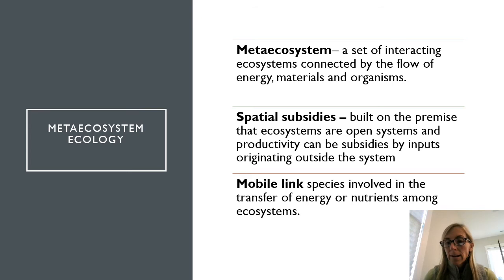The third concept the book talks about is the mobile link species, and these are species that are involved with the transfer of energy or nutrients among ecosystems. So we, for example, know that most aquatic systems rely on terrestrial subsidies for their productivity. Intuitively, because water flows downhill, terrestrial inputs tend to be greater than flows in the opposite direction.